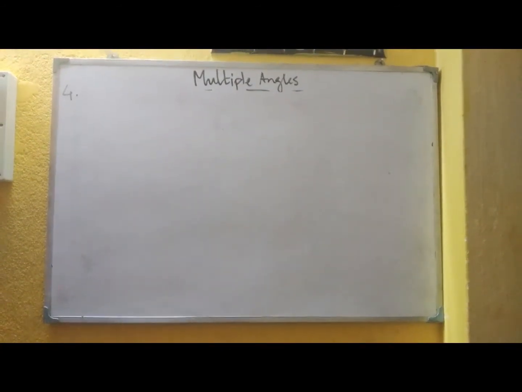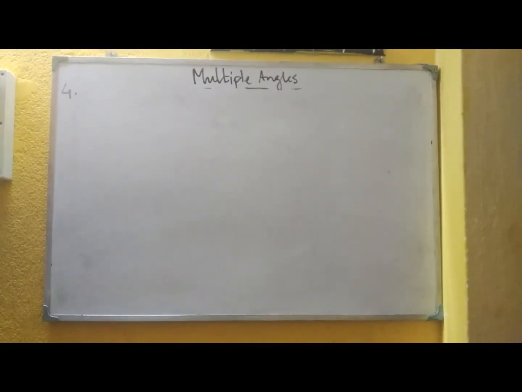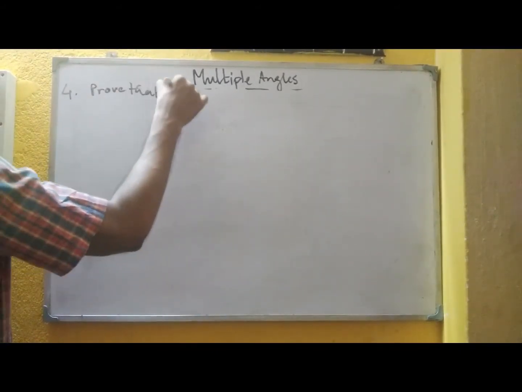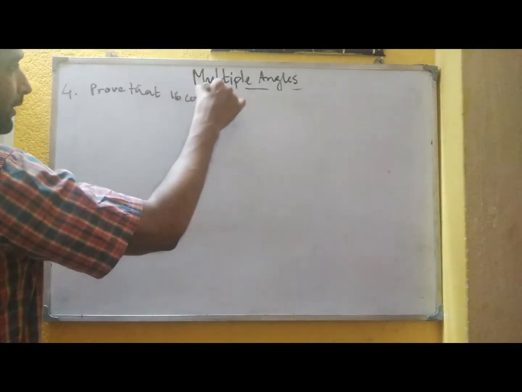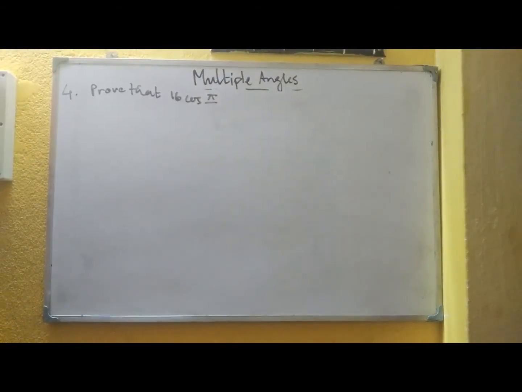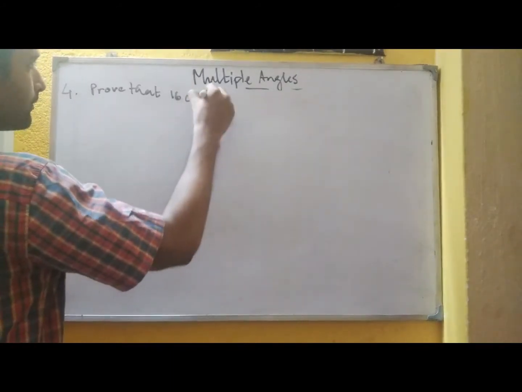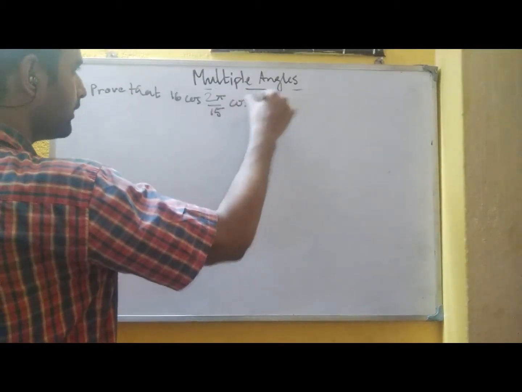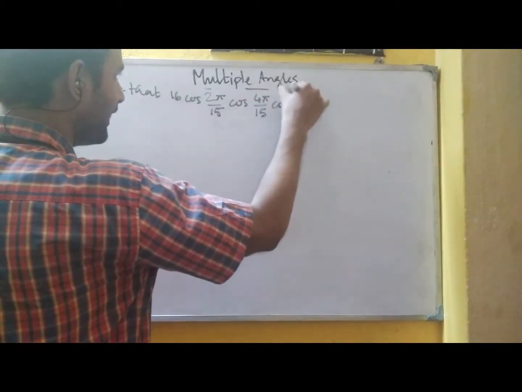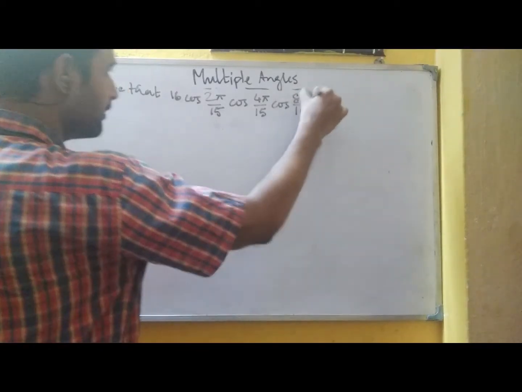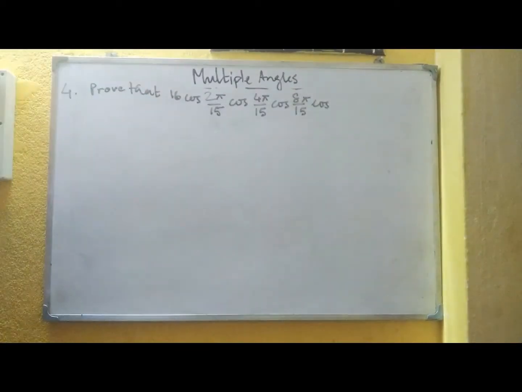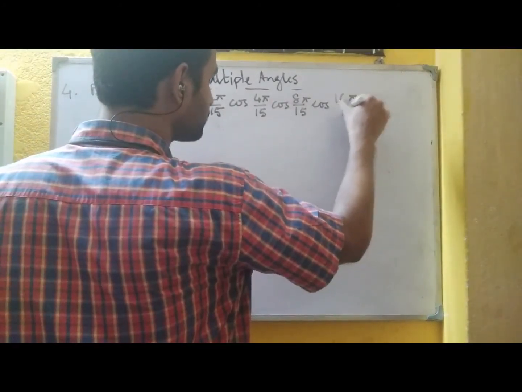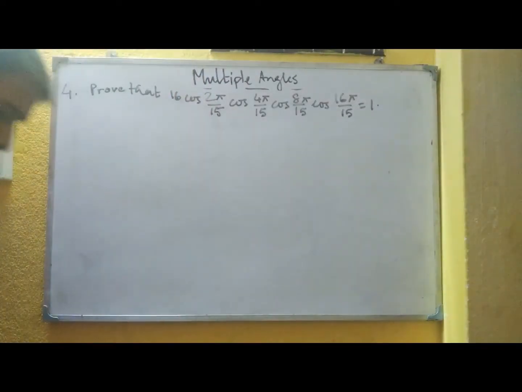Let us come to our next sum. It's a very important sum. It says prove that 16 cos pi by 15, cos 2 pi by 15, cos 4 pi by 15, cos 8 pi by 15, into cos 16 pi by 15 is equal to 1.